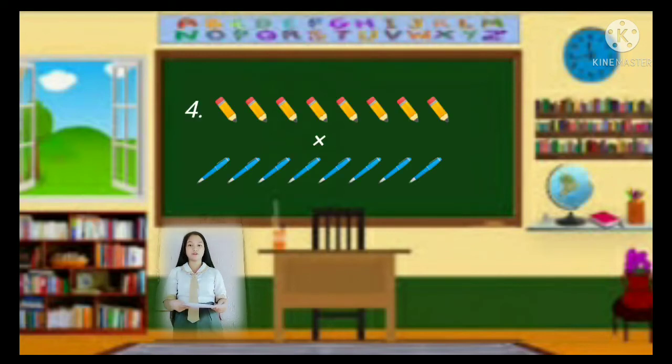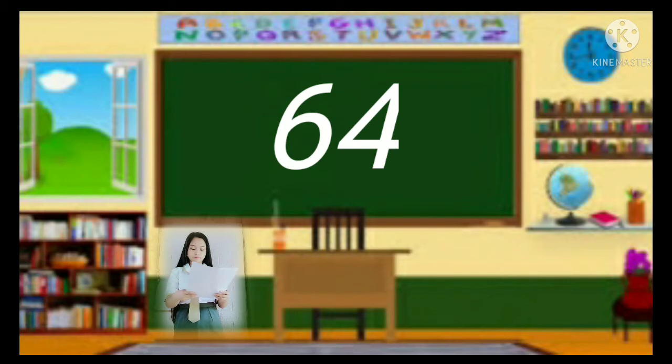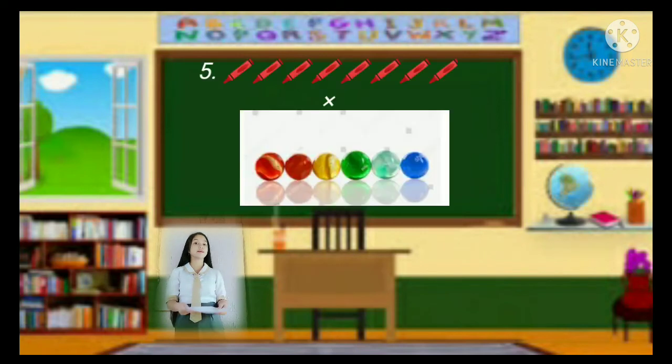Number 4, I have here 8 pencils multiplied by 8 ball pens. What is the product? Mark. Okay, very good. And the last, I have here 8 crayons multiplied by 6 marbles.